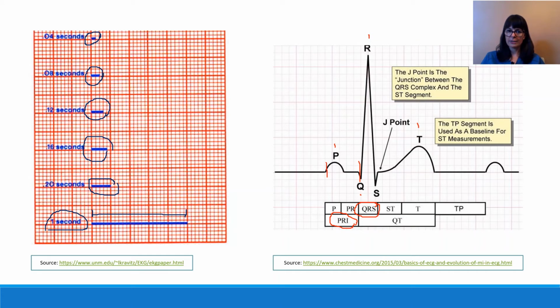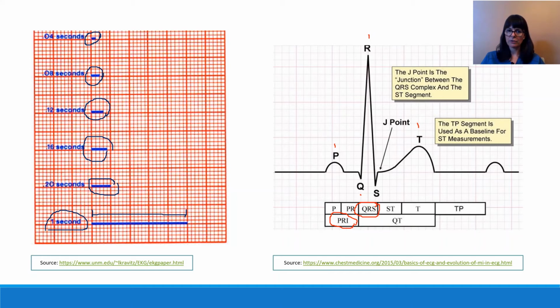And then the QRS segment is from the bottom here, from when the Q wave starts, including the R, and then all the way until the S wave returns to the J point right here. The J point is the junction point where the QRS complex and the ST segment meet.